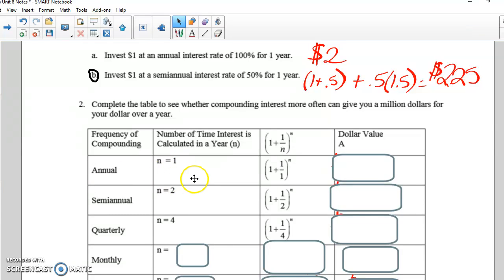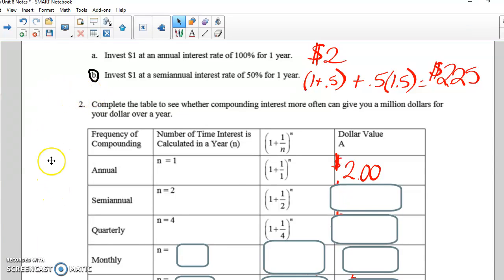Then that means that my N is 1, the number of times that the interest is calculated. The formula that we use is in this column right here, 1 plus 1 over N, all to the nth power. So if N is 1, then we're taking 1 plus 1 over 1 to the 1, and we get $2, right? That's exactly what we did up here with 1A.